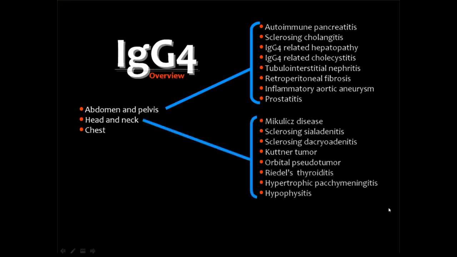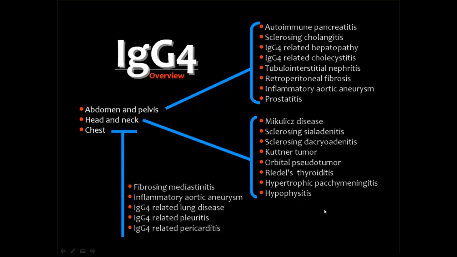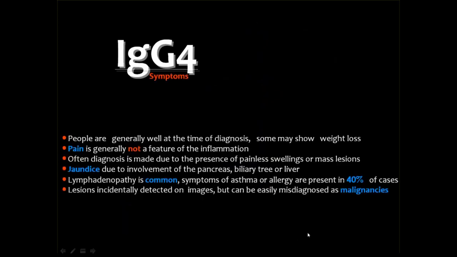In the head and the neck, we have Mikulicz's disease, sclerosing sialadenitis, sclerosing dacryoadenitis, Kuttner tumor, orbital pseudotumor, Riedel's thyroiditis, hypertrophic pachymeningitis, and hypophysitis. In the chest, we may have the fibrosing mediastinitis, inflammatory aortic aneurysm, also as in the abdomen, IgG4-related lung and pleural disease, and also maybe pericardial disease.